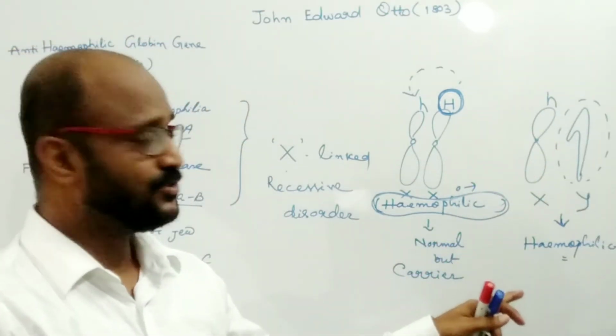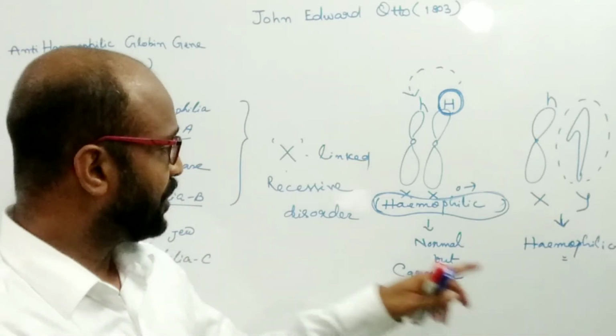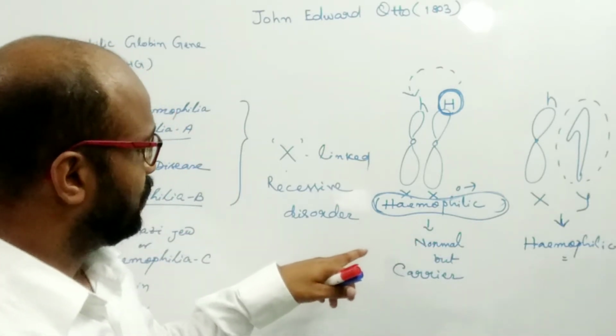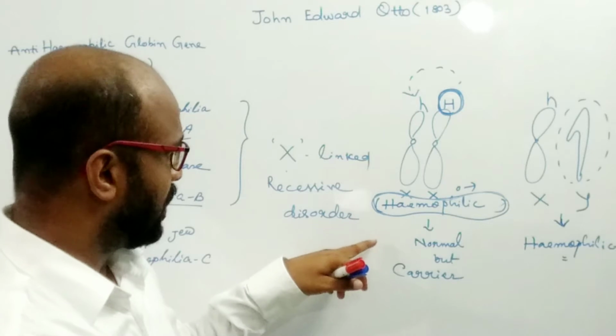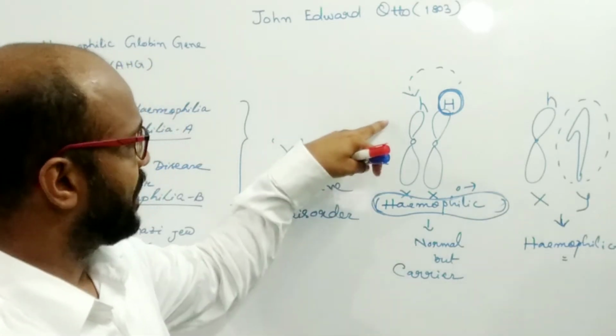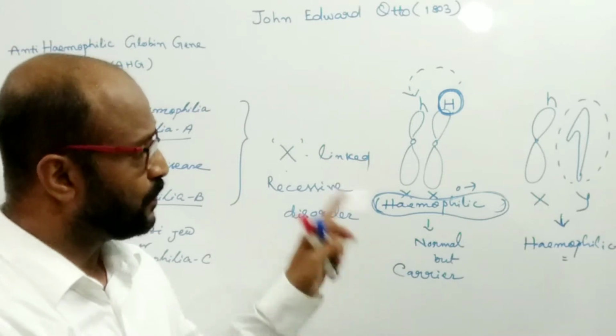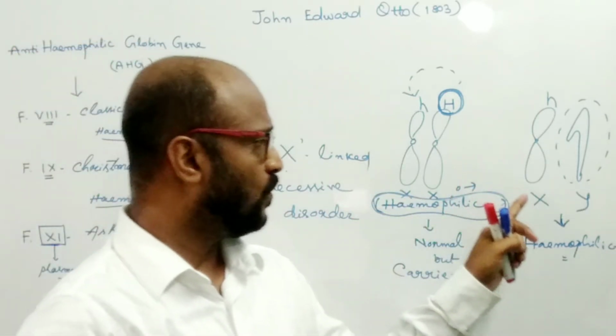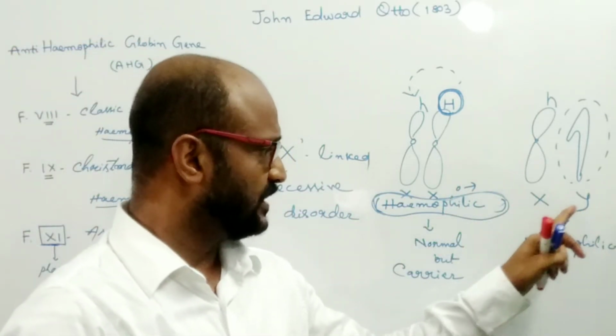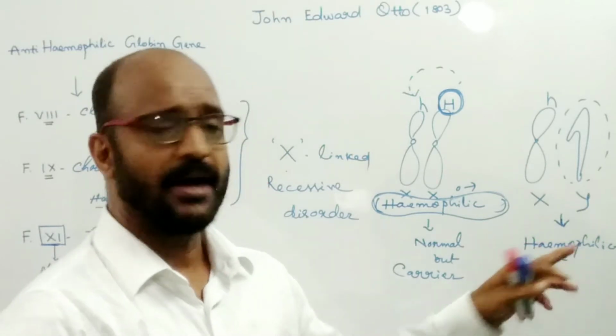In the male, there is no carrier state, but the female will be a carrier but normal because of the presence of one defective allele. If one defective allele is present on the X chromosome of a male, then the male will be hemophilic.